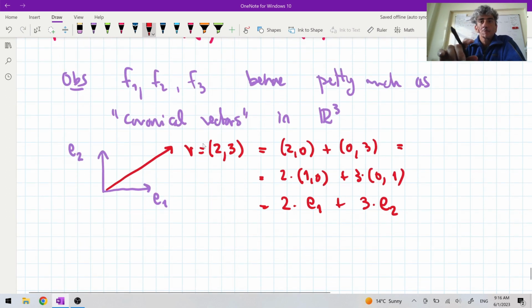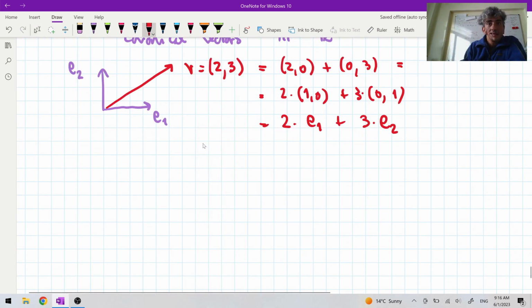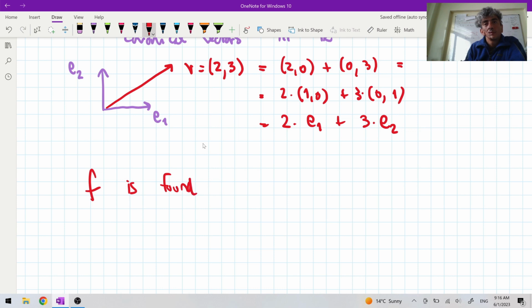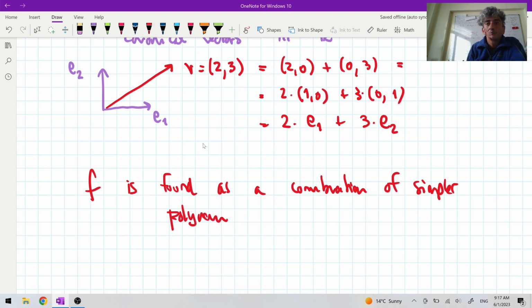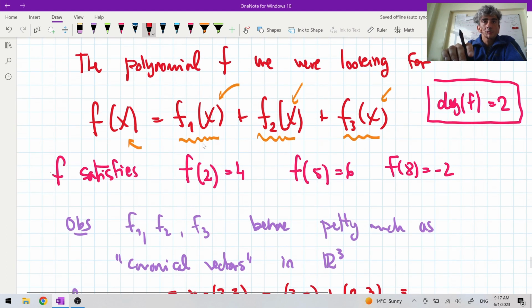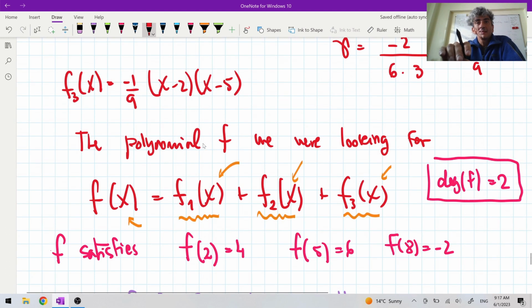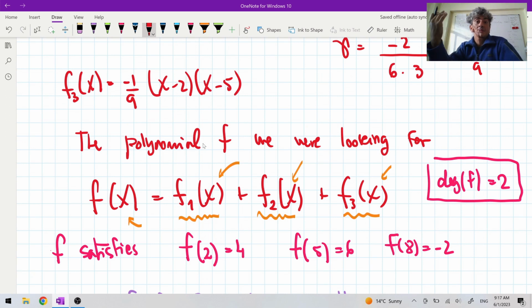Okay, f is found as a combination of simple polynomials. In this case, polynomials f1, f2, and f3 directly take the values that are asked for the polynomials.